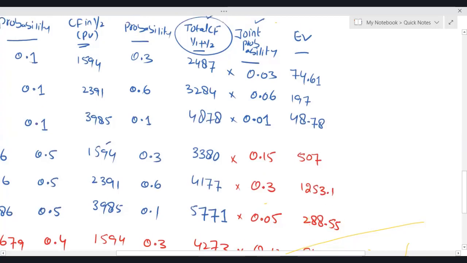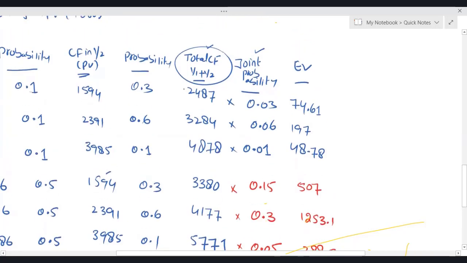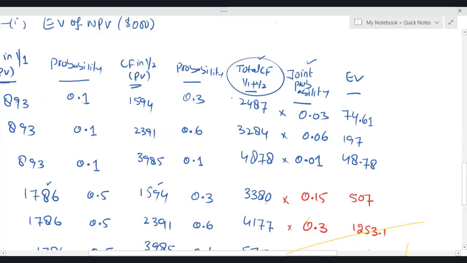Now, please try to understand. For example, if the first total comes, only this 2487, nothing else. 2487, if I deduct minus 3500, logically I am going to have a negative NPV. So the first one, if this comes, then NPV is going to be negative.